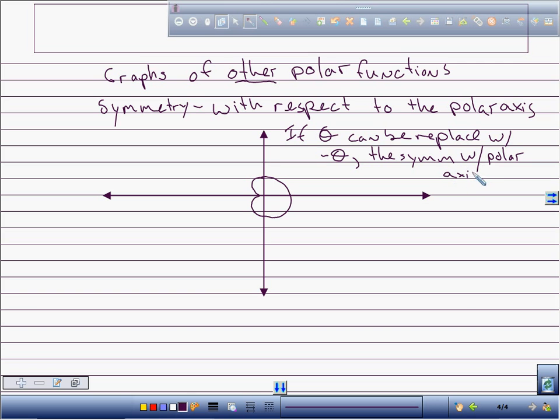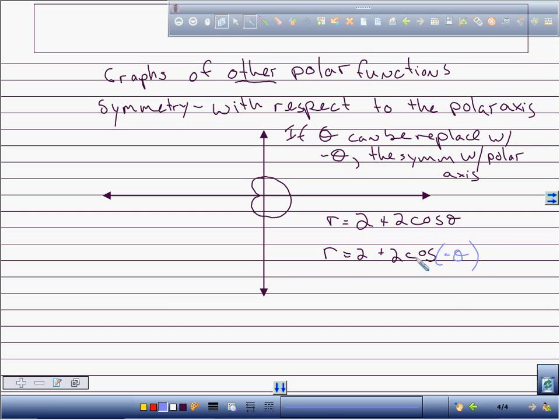So for example, say I have r equals 2 plus 2 cosine theta, and I take negative theta and plug it in here, negative theta.